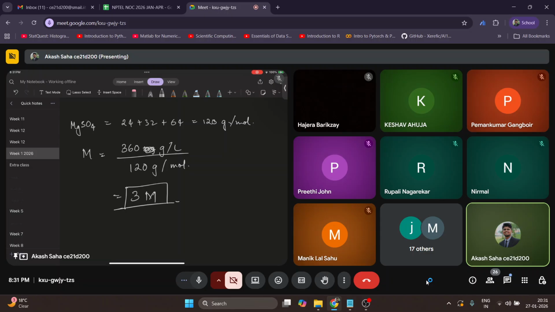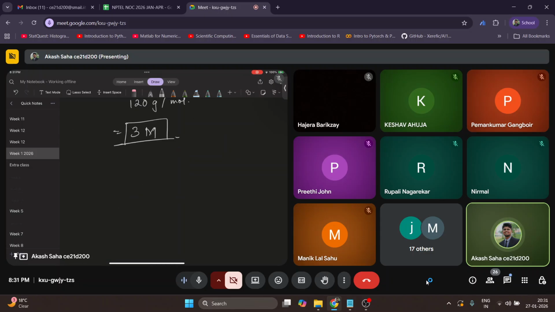So similarly, that last problem also we can do. It was given as 250 milligram per liter, right? If I want to convert it into gram per liter, because we define molarity that way, it is 250 divided by 1000, but we want the answer in millimolar, so it will also be multiplied by 1000.